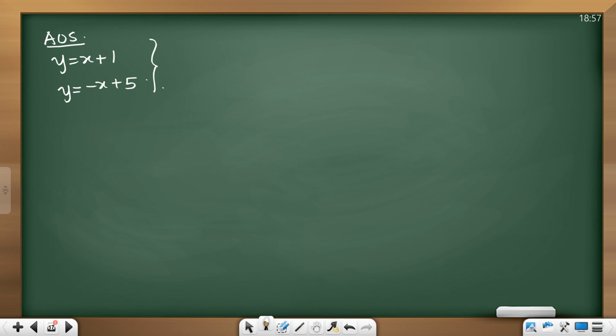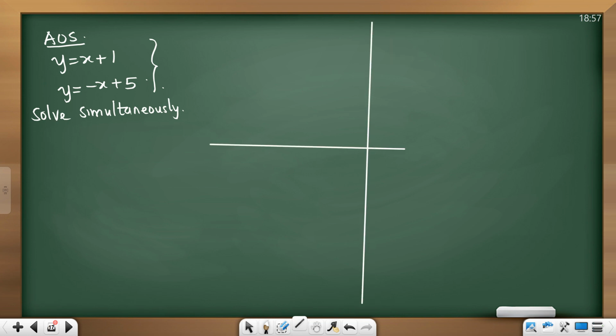Can you solve this simultaneously for me, everybody, please? Solve simultaneously. Let me see your answers. Tell me your answer. I want you to do a lot of algebra, guys.